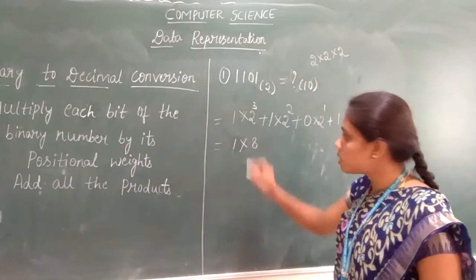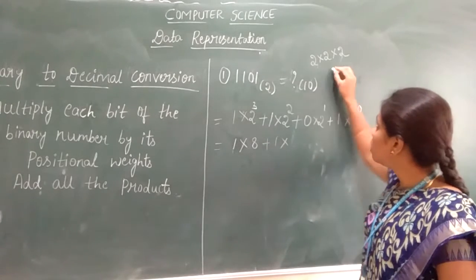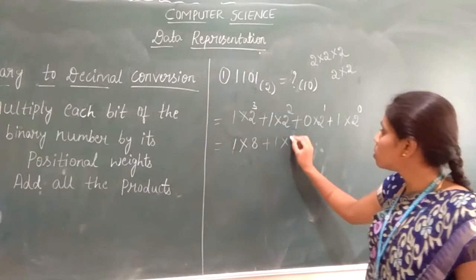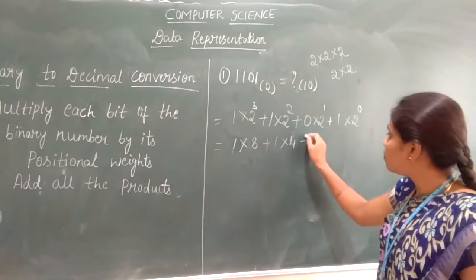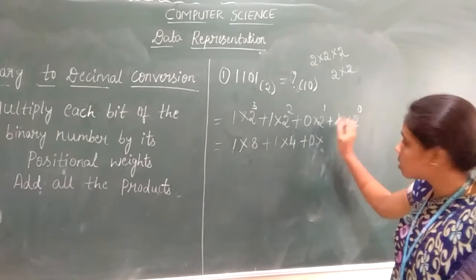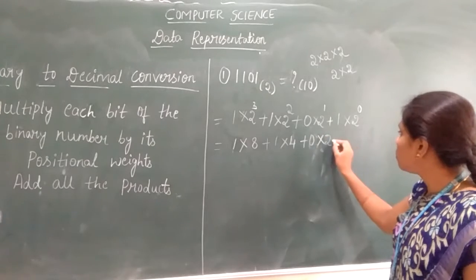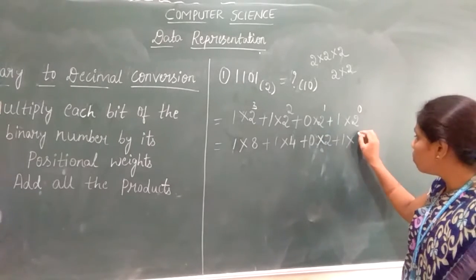So 2 cube is 8 plus 1 into 2 square. 2 square can be written as 2 into 2, so 2 twos are 4. 2 square is 4 plus 0 into 2 power 1 is 2, plus 1 into 2 power 0 is 1.